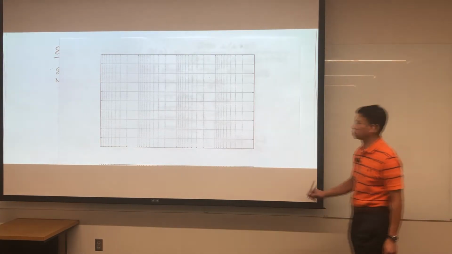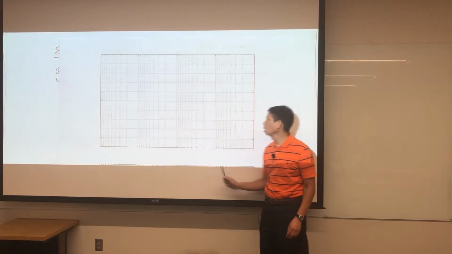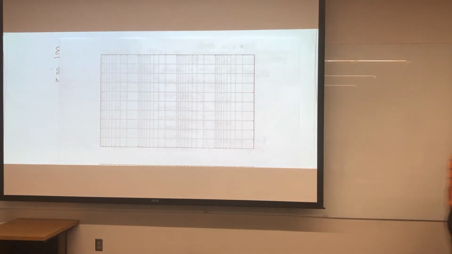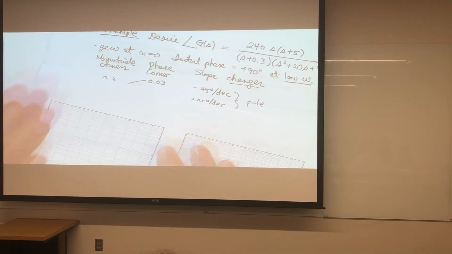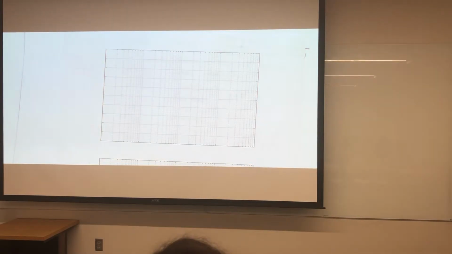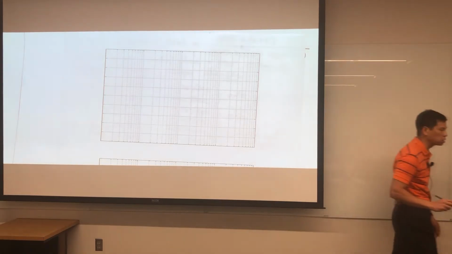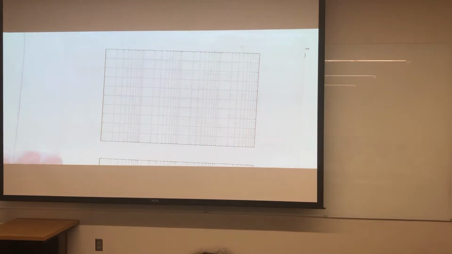This is a semi-log chart, logarithmic only on one axis. Let's orient it this way. The frequency is compressed at higher frequencies, expanded at lower frequencies. We need to label this axis.